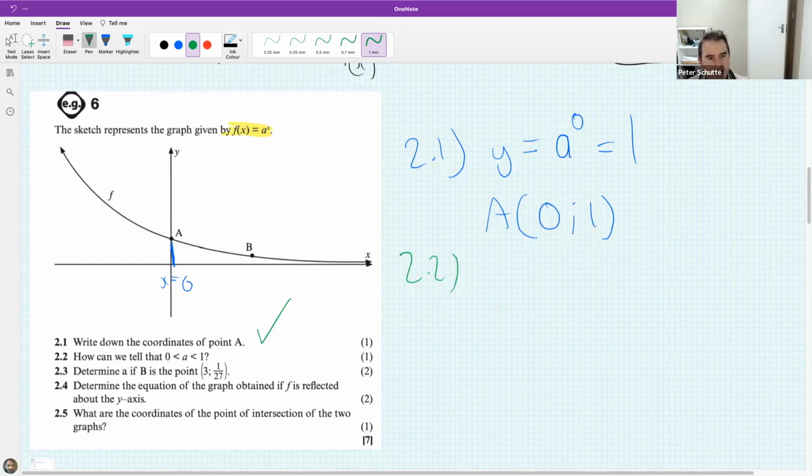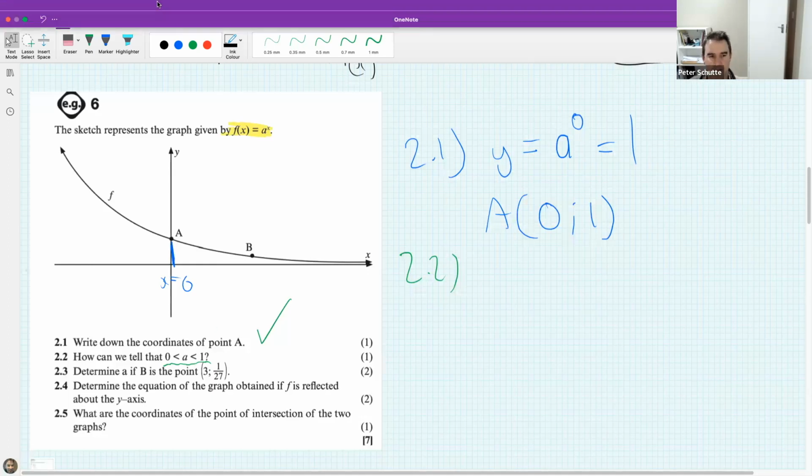2.2. How can we tell that little a is between 0 and 1 when we look at the graph? What gives it away for us? Yes, Linda, I like what I'm seeing.